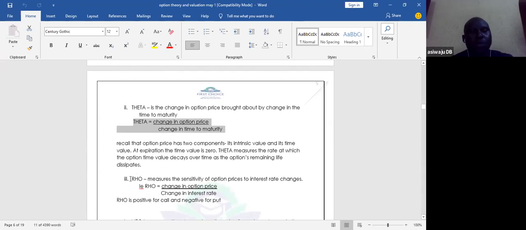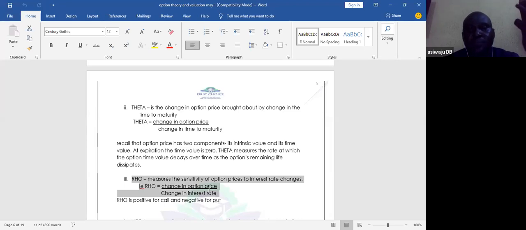Finally, we have rho. Your rho measures the sensitivity of option price to interest rate changes. Rho measures sensitivity of option price or option value as a result of change in interest rates.